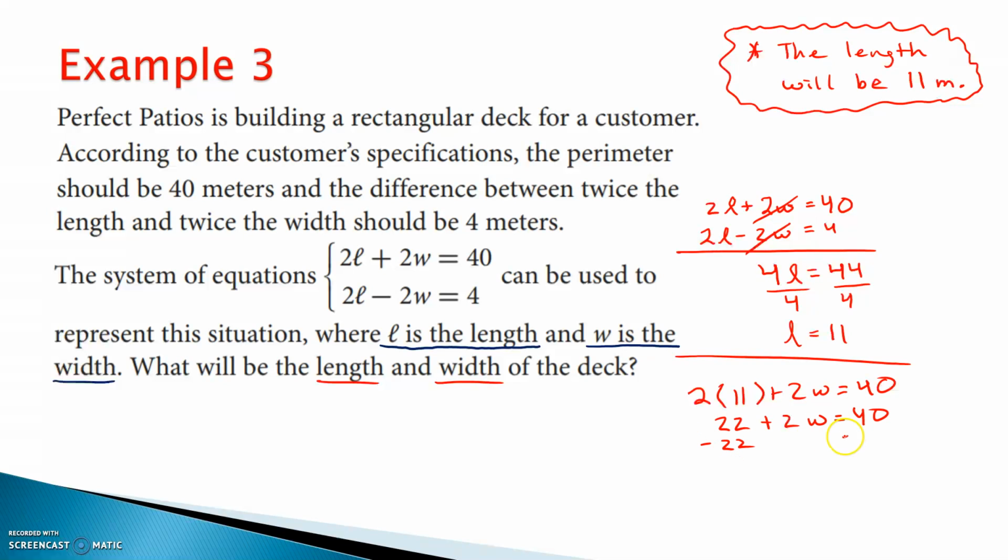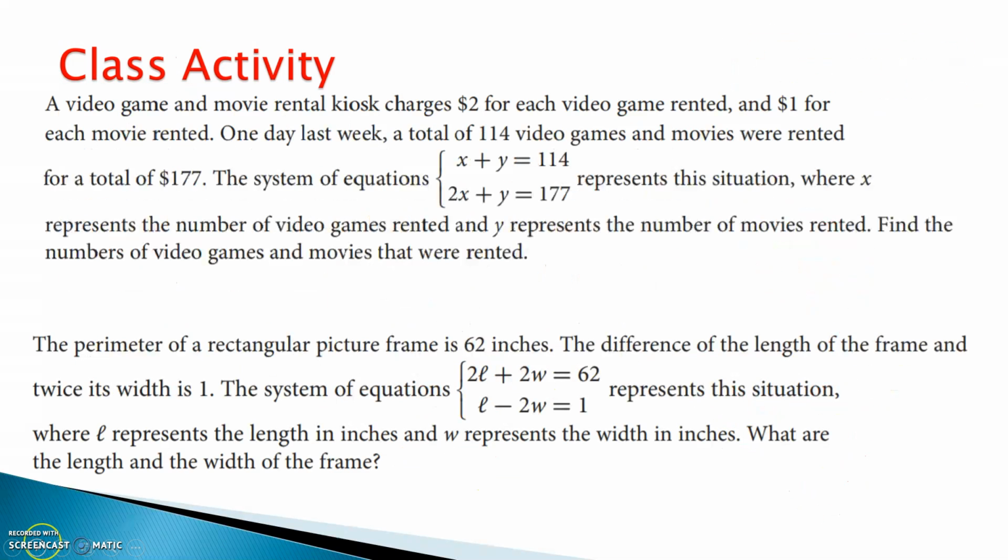Minus 22 from both sides, 2W is going to equal 18. Divide both sides by 2. We get W is equal to 9. Again, what is that saying? That's saying that the width is 9 meters.